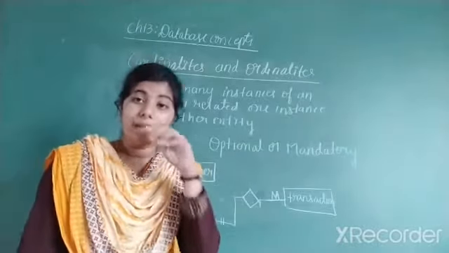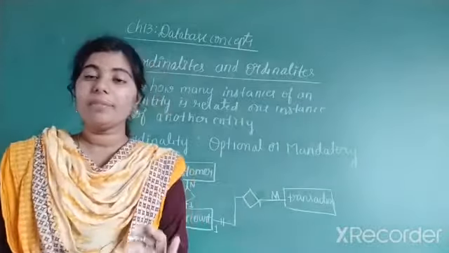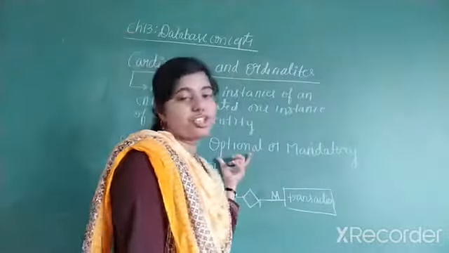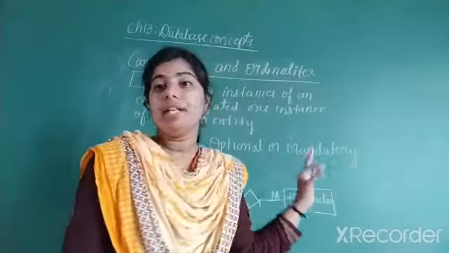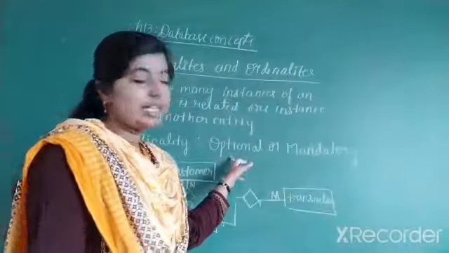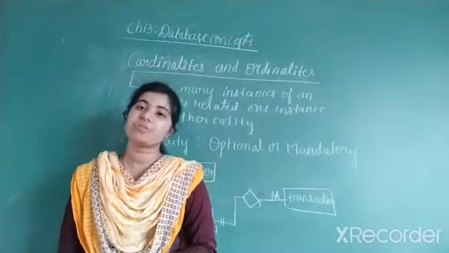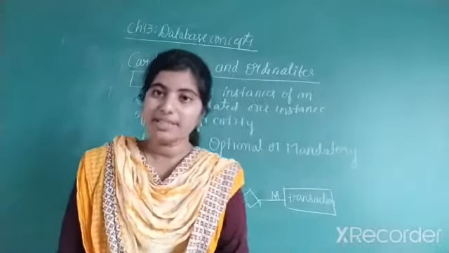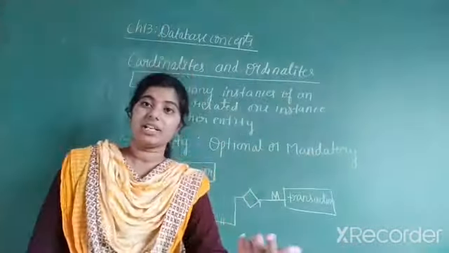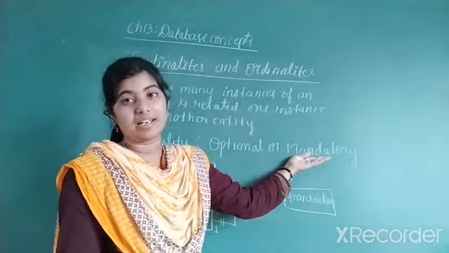So if the minimum number is 0, means there is no relationship established. Minimum number of relationships 0 ide andre that relationship is called optional. And if the minimum number of relationships is one or more, ಕಂಪಲ್ಸರಿ ಒಂದು ರಿಲೇಶನ್ಶಿಪ್ ಇದೆ ಅಂದ್ರೆ ಅಥವಾ ಒಂದಕ್ಕಿಂತ ಜಾಸ್ತಿ ರಿಲೇಶನ್ಶಿಪ್ಸ್ ಇದೆ ಅಂತ ಹೇಳಿದ್ರೆ that relationship is called a mandatory relationship.